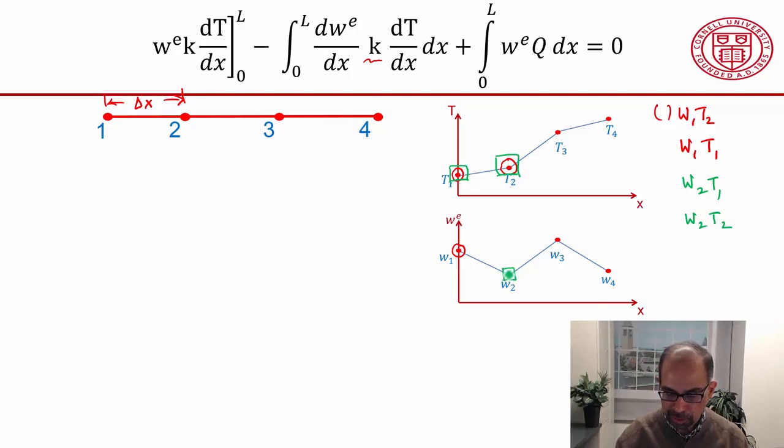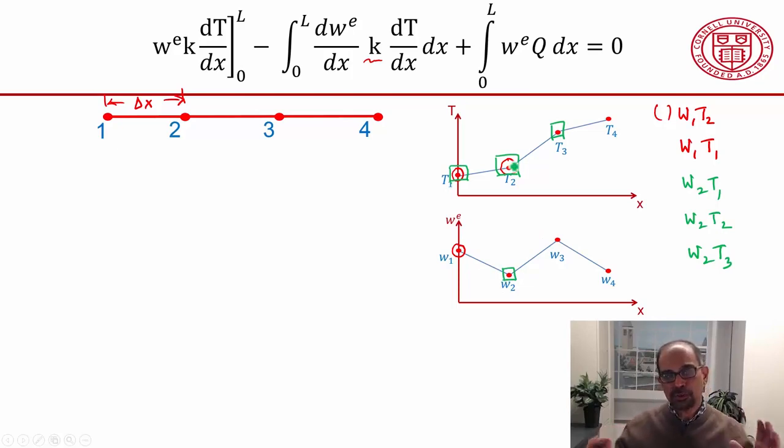And then when you do the integration over the second element, you will get W2 multiplying T2, so that you can clump in over here, and then you'll get W2 multiplying T3. Okay? But you won't get any terms where W2 is multiplying T4. So you see these terms, the W's will multiply only the neighboring nodal temperatures.